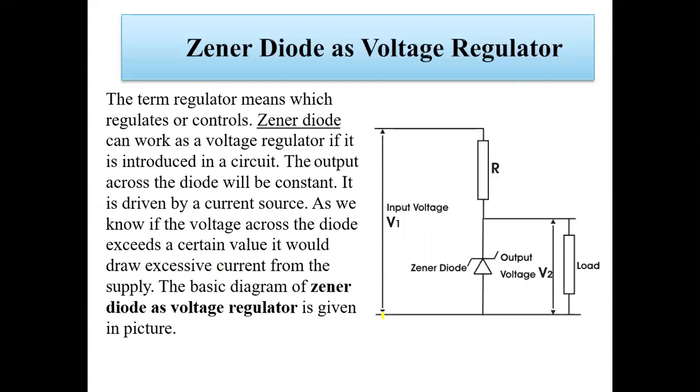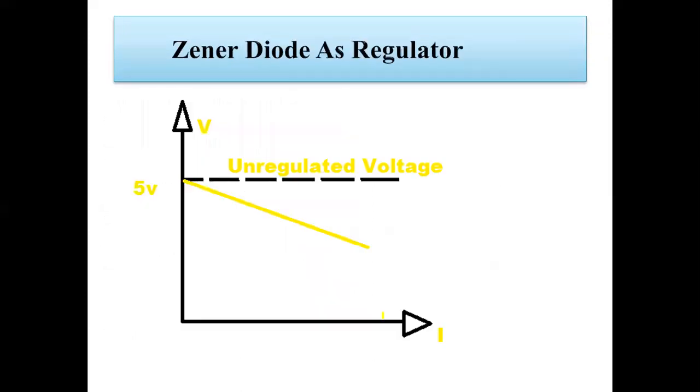Observe this picture, it's the basic diagram of a Zener diode as a voltage regulator. Here our input voltage is V1 and our output voltage is V2, and here the Zener diode is used as a voltage regulator.